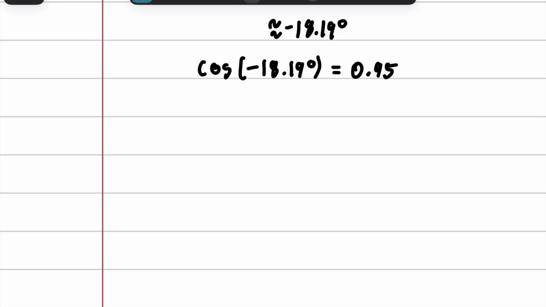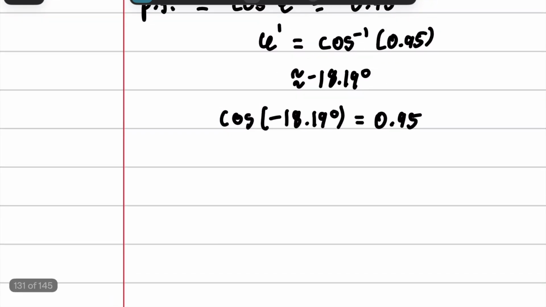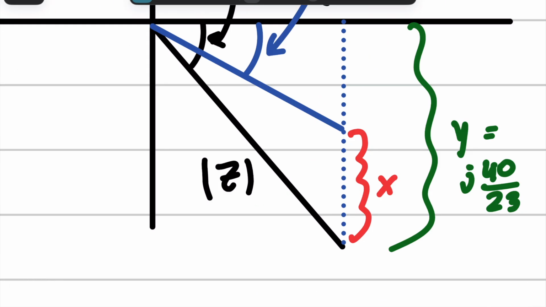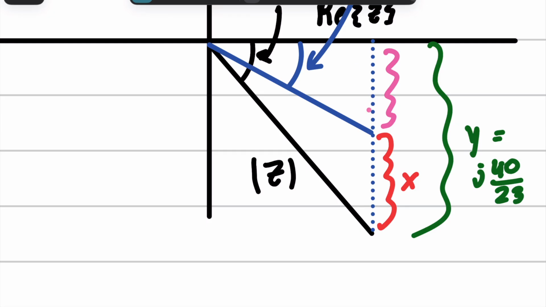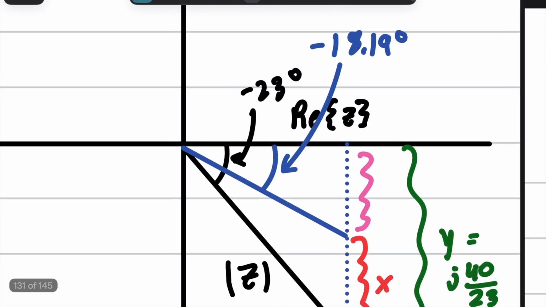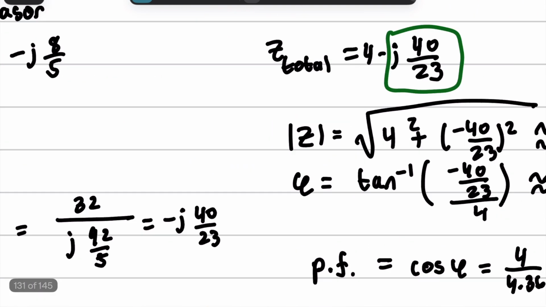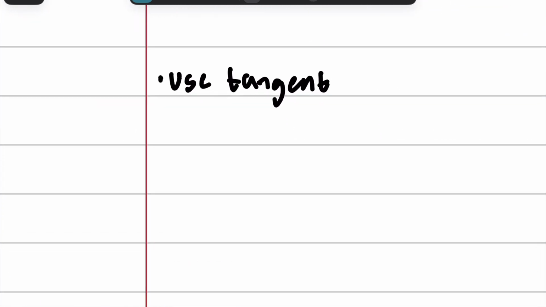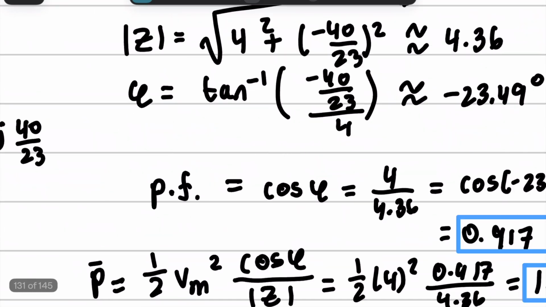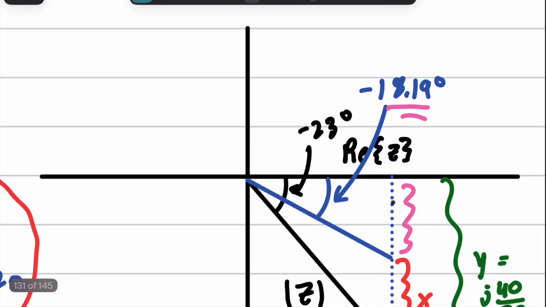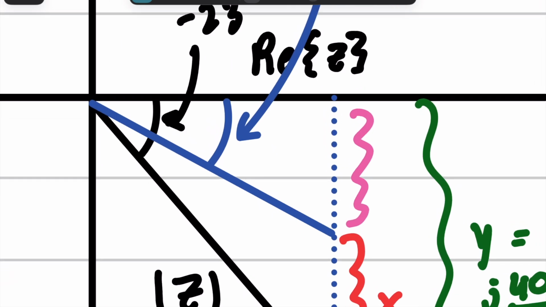We are going to use a tangent. Why? Because we have the relationship where if you add this x to this negative y, we're going to get this part right here, and this is the part that we can relate to this angle right here. So we are going to say that tangent phi prime is equal to opposite over adjacent, SOHCAHTOA, from our high school days.